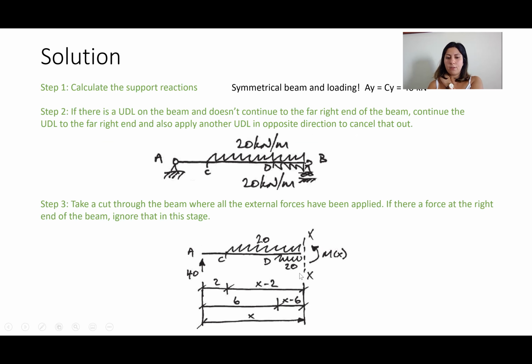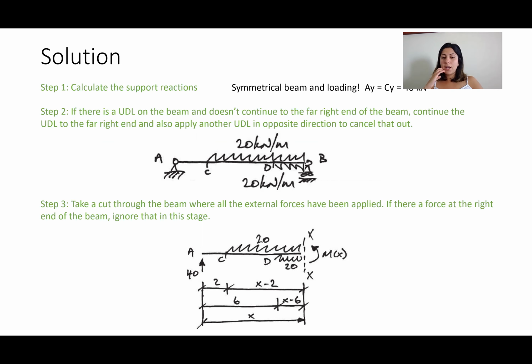And we have another UDL, minus 20 times x minus 6 times x minus 6 divided by 2, which is the center of this UDL. And it gives you the equation.